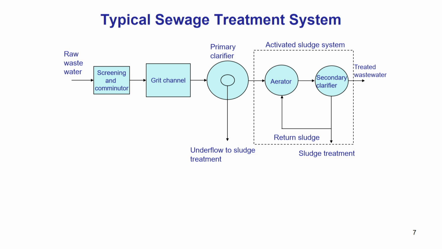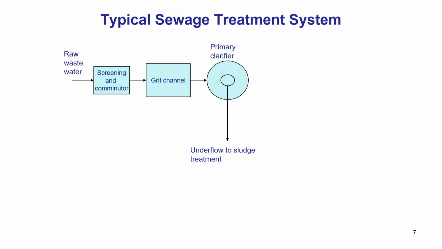That's why it is called the activated sludge system, because this return sludge has active microorganisms which can start acting on the organics coming in the primary effluent, and then this treated wastewater is sent for further processing or tertiary treatment.